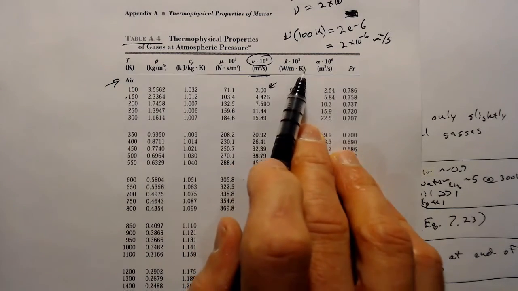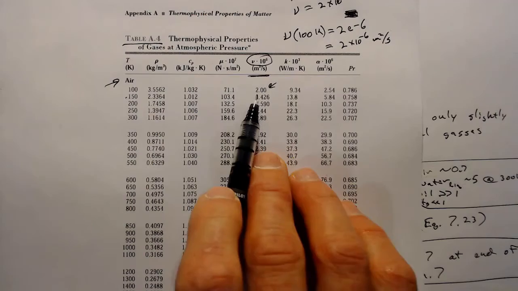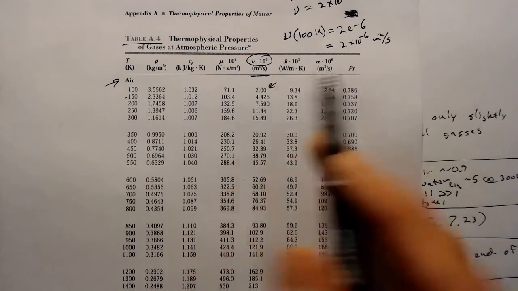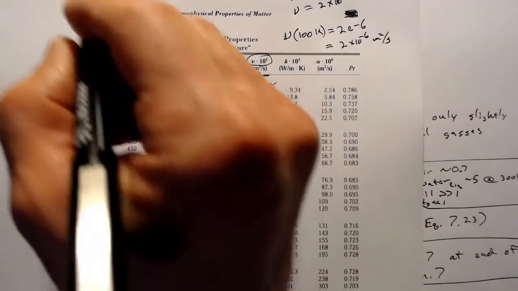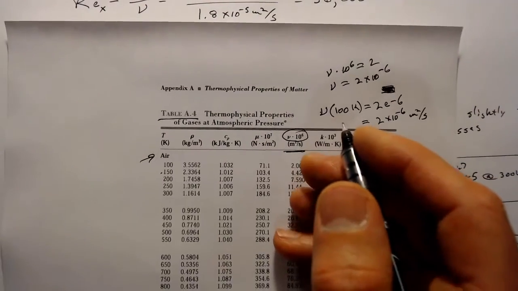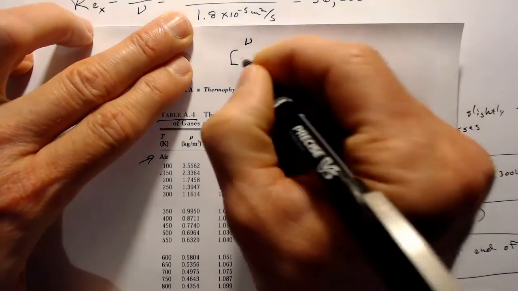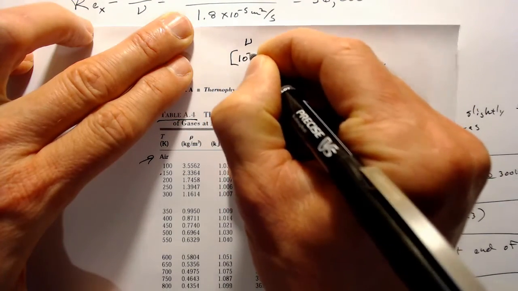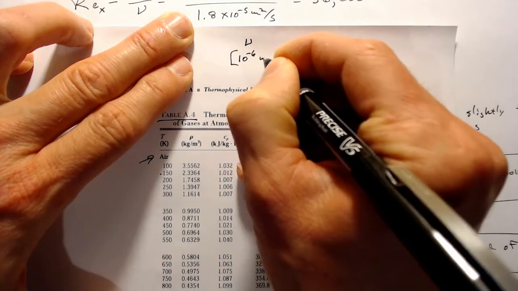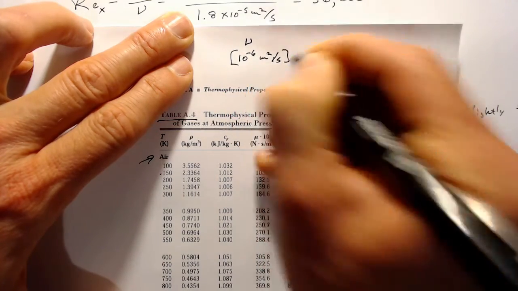Other tables you may see won't use this. They'll actually just report this as 2e-6. Another way you may see this reported is in a table that has a heading like nu, and then in units they might say 10 to the minus 6 meters squared per second.